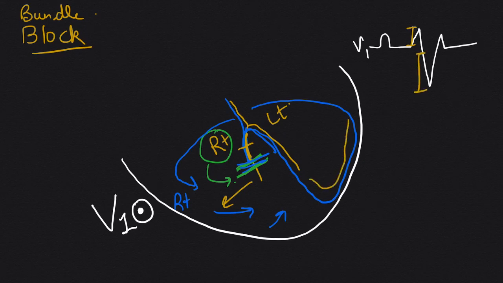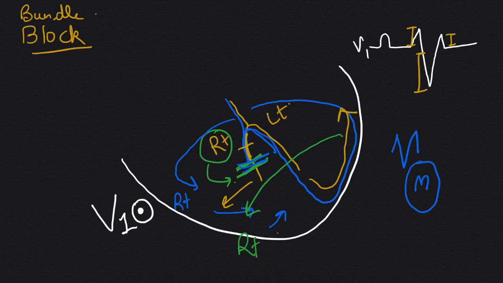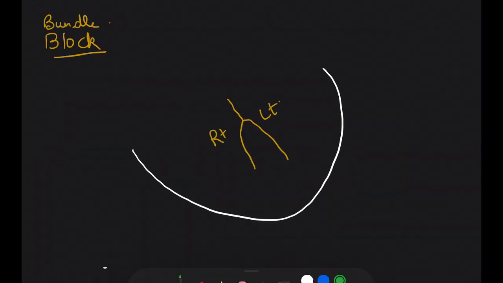Then again this impulse will turn from the left ventricle and come to the right ventricle to depolarize the remaining right ventricle. Again we'll get a positive deflection, because of depolarization of the remaining part of the right ventricle. So we get an R, S and R1, an M shaped wave. That is why whenever we get an M wave pattern in V1, we are talking about right bundle branch block.